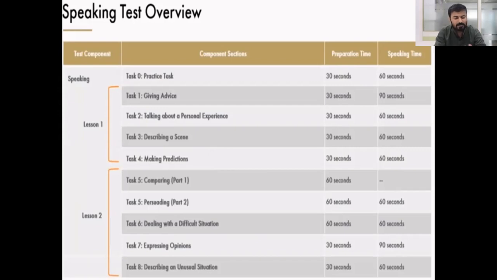And part 2 is called persuading. So in part 2, basically, you will be given a preparation time of 60 seconds where you'll have to compare as well as persuade. So you might be persuading a person, that could be a friend or any particular person that is mentioned in the question.